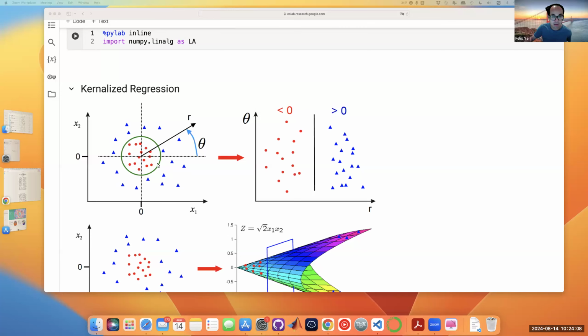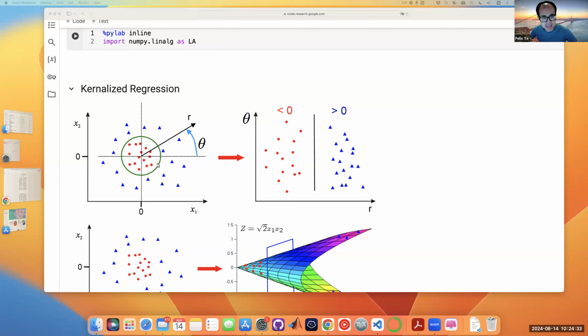It's very obvious that if we draw a circle right here, it can perfectly separate the blue dots and the red dots. However, that's a nonlinear function to separate this, so it's usually not easy to come up with if we live in high dimensional spaces.